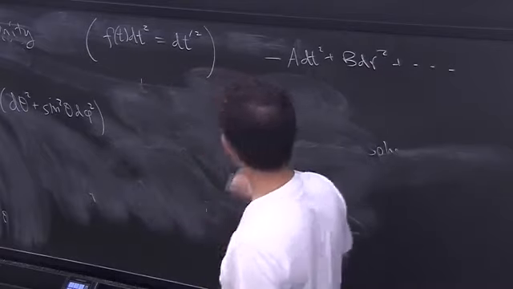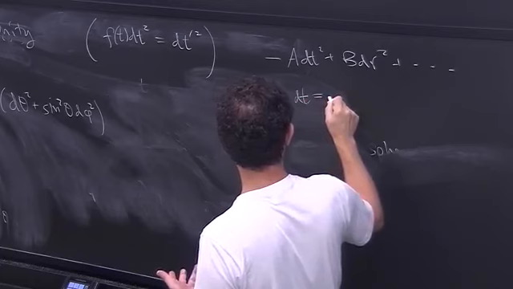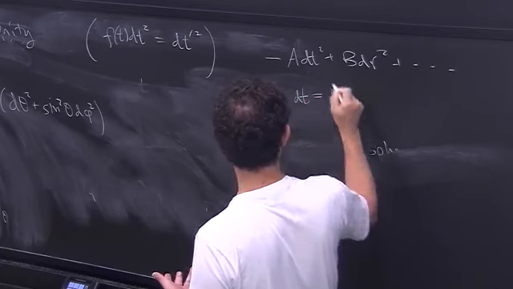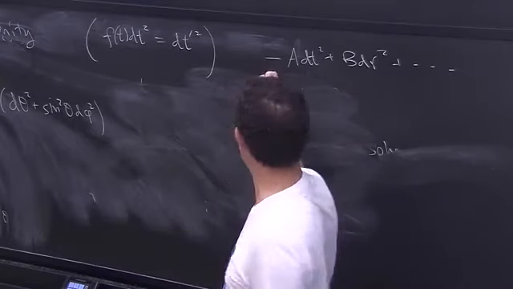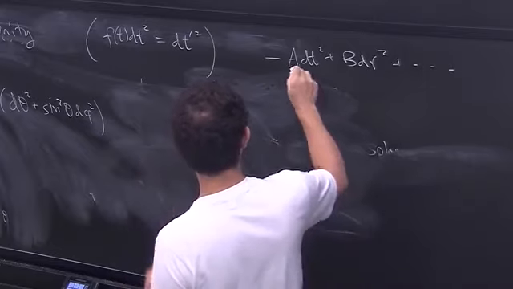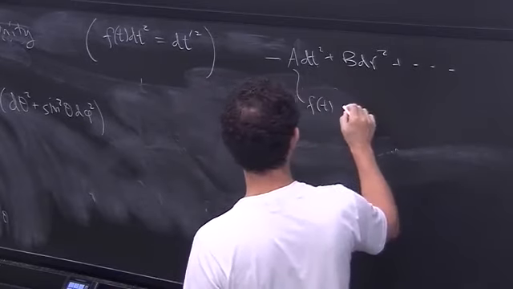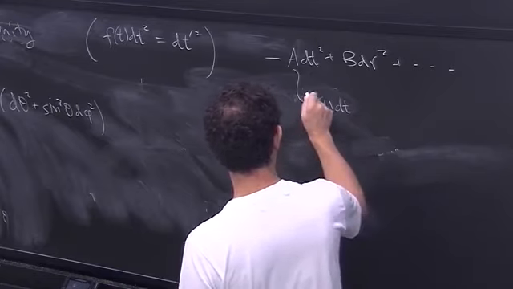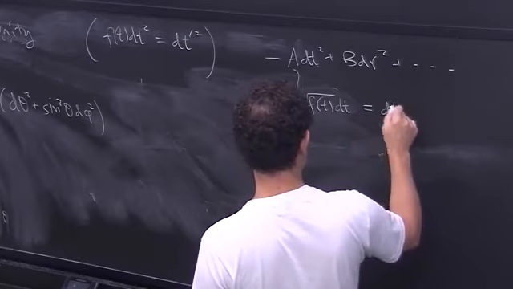I still have the freedom to redefine t in any way I like. All I'll do is multiply this a by some other thing. So if I determine that a is some function of time, what I do is take the square root of this times dt, and I say that that is dt prime.